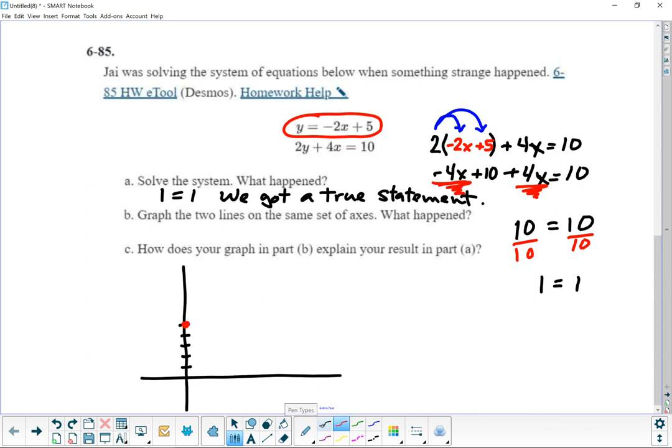Negative 2x means that I'm going to go down 2 and over 1. And you just keep doing that, down 2 and over 1, until you're happy with where you're at. I'll do a couple. And that's my line.